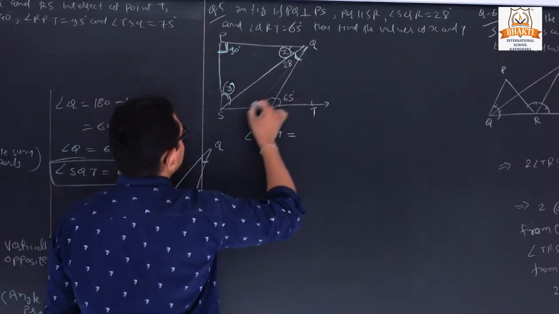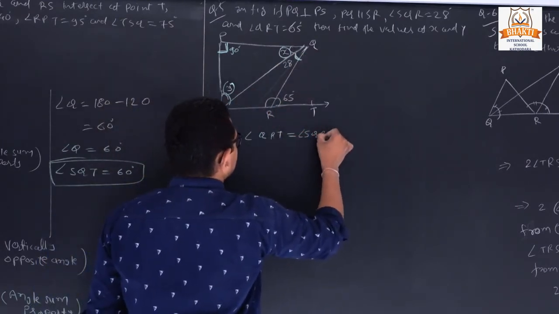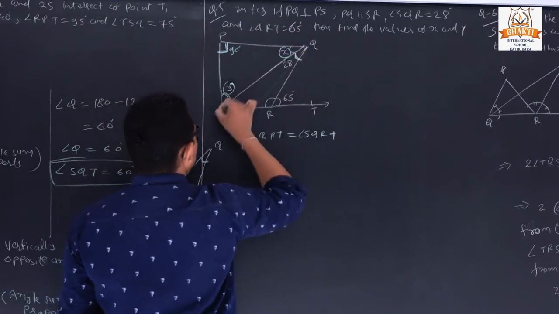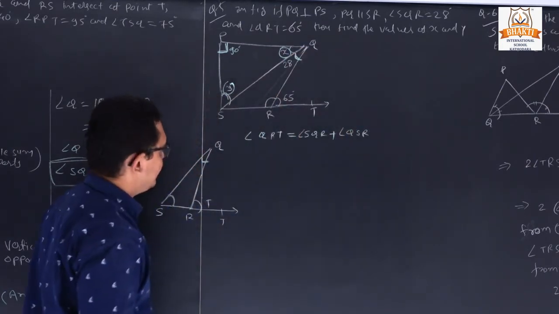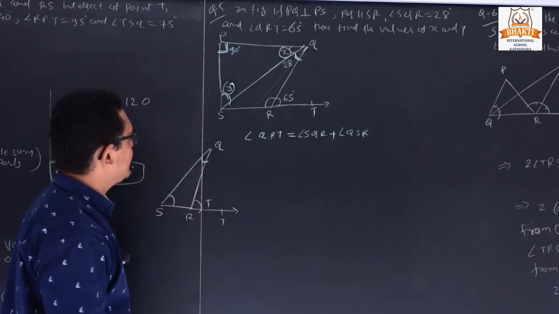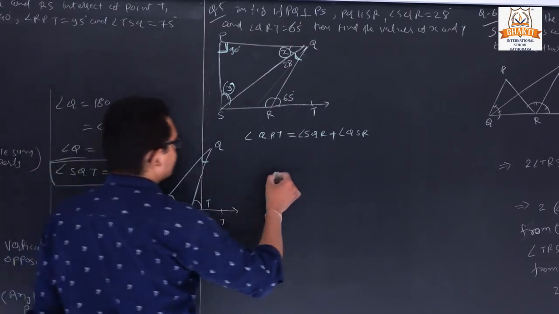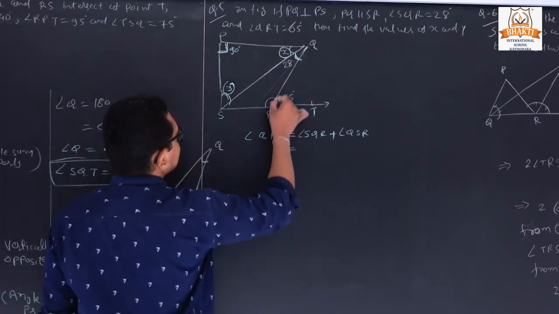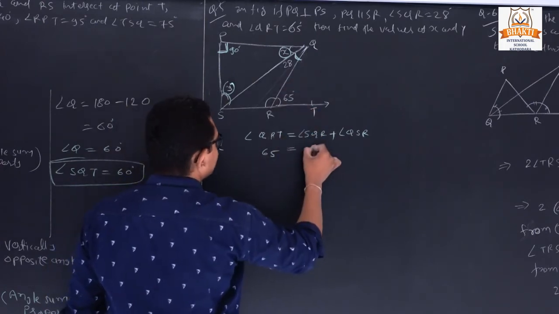QRT is equal to SQR plus QSR. Clear? The exterior angle is equal to the sum of two interior angles. Clear? Now QRT is given 65 and SQR is also given 28.